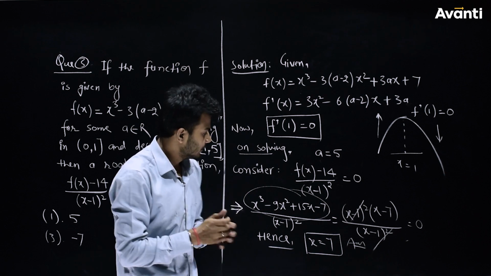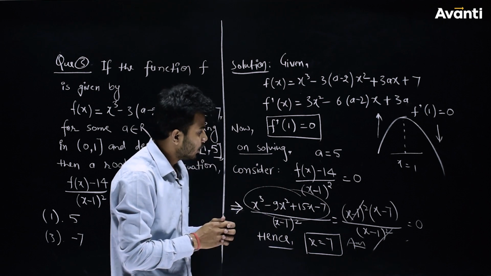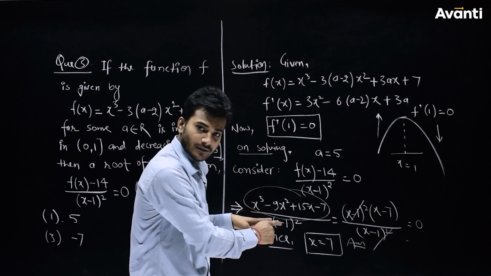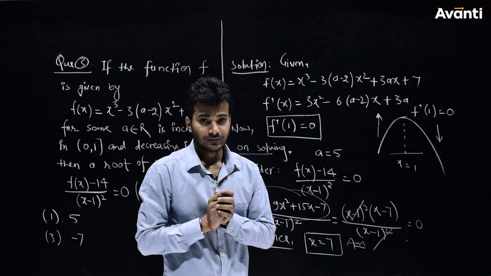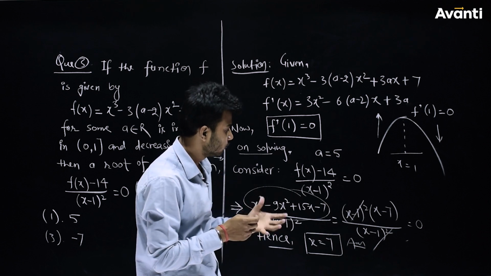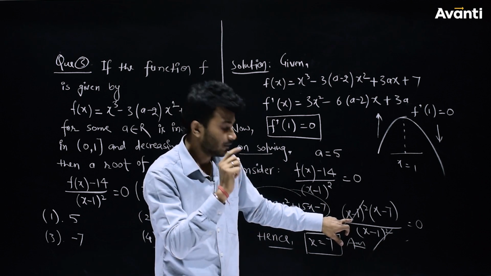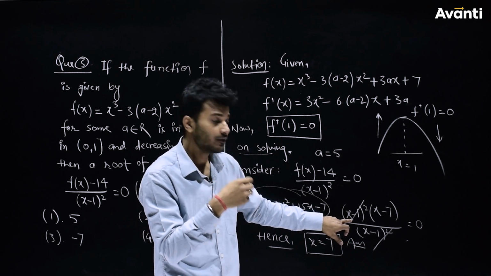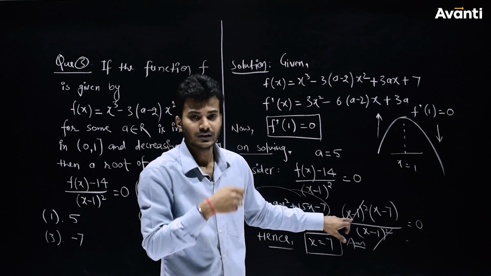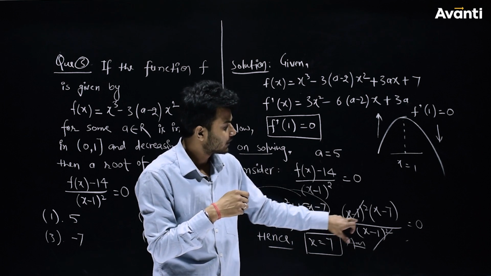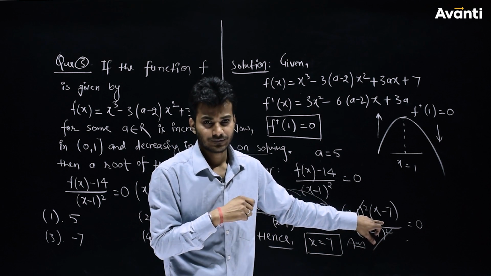So entirely this expression is f(x) − 14, right? When you solve this using the long division method, you will get the numerator with two factors, (x − 1), again (x − 1), and the other is (x − 7).